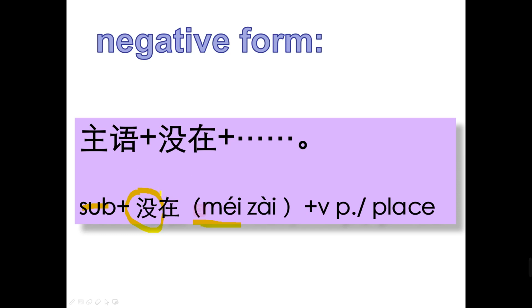For example, we just learned 我在睡觉呢。For the negative sentence we can say 我没在睡觉。And for the place, for example, 我在家呢, I'm at home. We can also say I'm not at home. I can say 我没在家。Okay.